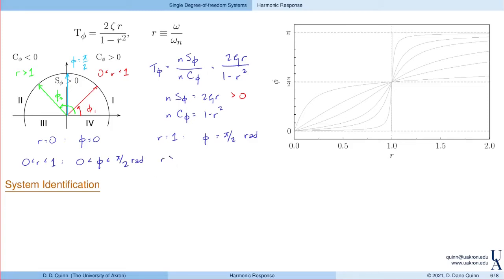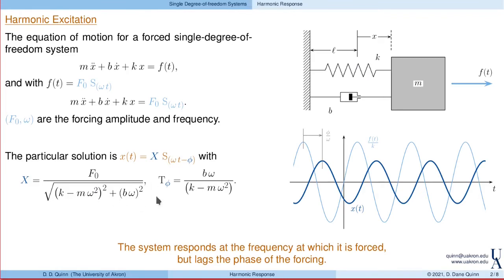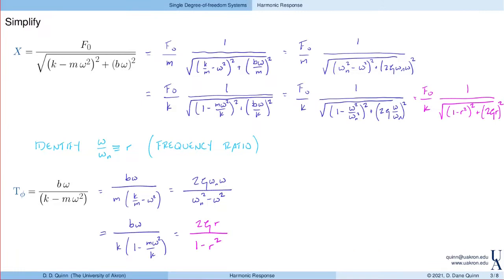Finally, if r is greater than 1, then the phase is between pi over 2 and pi radians. So again, this phase shift is always between 0 and pi. I will remind you that when we looked at our solution back here, this phase was actually a phase lag, right? So positive values of phi indicate that the response lags the forcing.